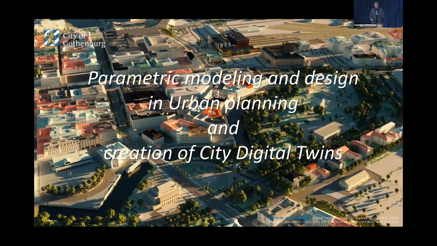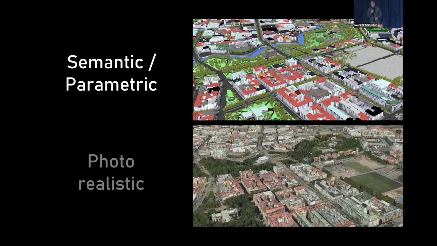So one way to deal with this is using parametric modeling in urban planning and the creating of digital twins. And talking about creating a digital twin or this parametric model, you can use two ways.